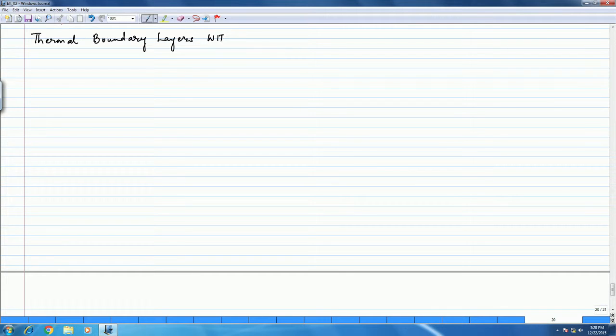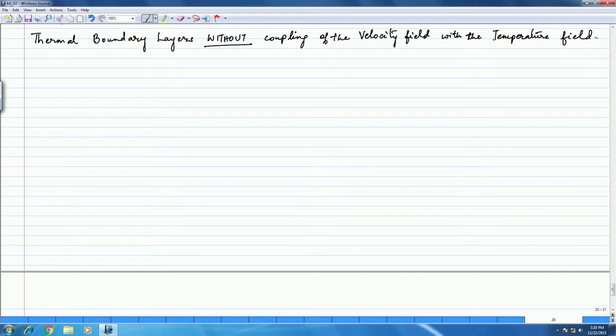So, this is without coupling of the velocity field with the temperature field, right.